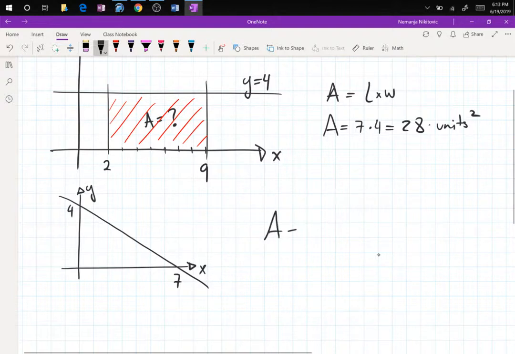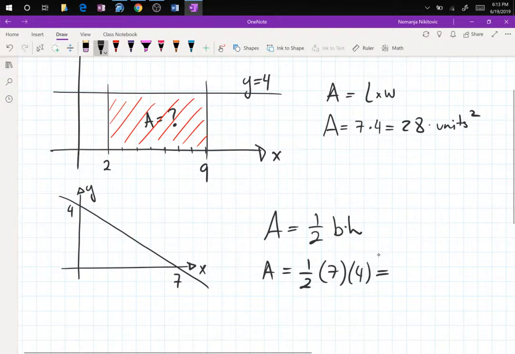What's the area of the triangle? Yes, one half base times height. So one half, base is 7, height is 4, so 14 units squared. Good.